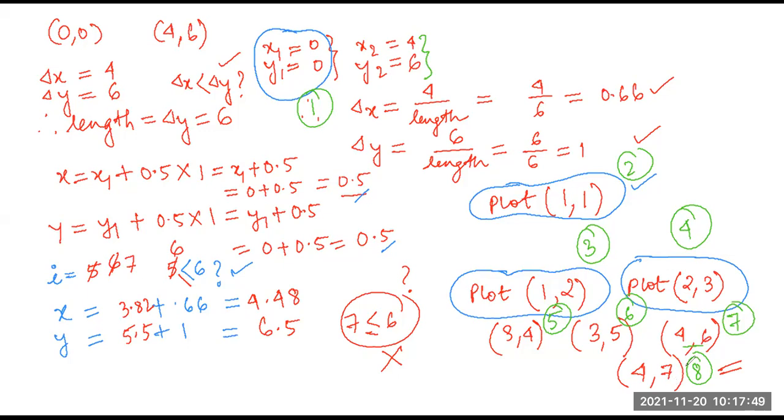The answer is no, because when you see 4.6 and 4.7 in such close proximity to each other, it won't be visible to you at all. 1 unit of rasterization is actually not visible.